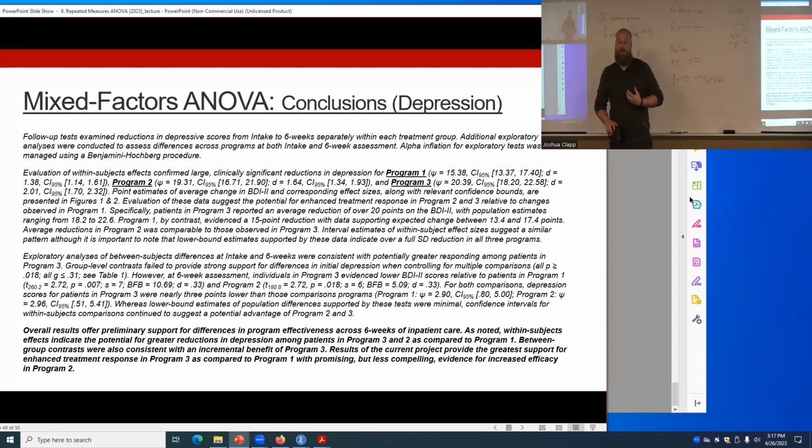So I would probably put more interpretive weight on that within subjects stuff, like where they're going and how much of an observed difference we're seeing, than on between group differences, though people like between group differences. But even if those things hadn't turned out to be different at the end, I don't know that I'd necessarily care about that so much, because this doesn't matter so much as how much people are falling, right?